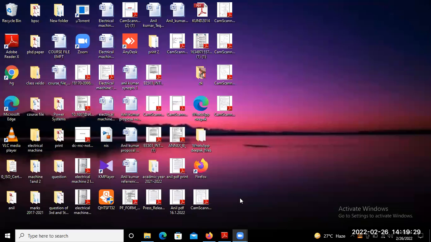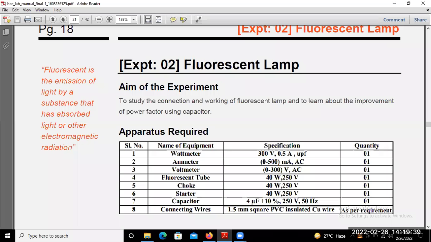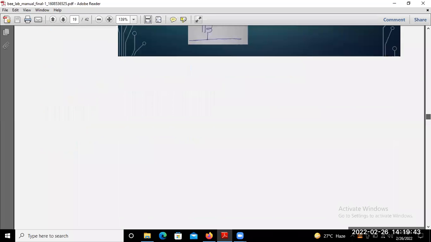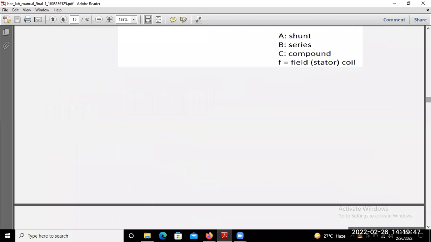No, sir. I think this is the basic electrical lab. So we will start with some basic instructions that you will follow, and you will come physically to the lab.